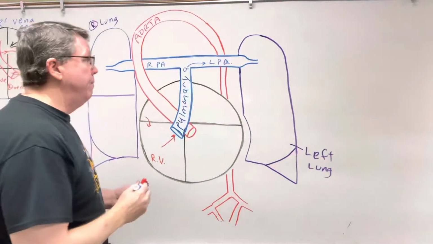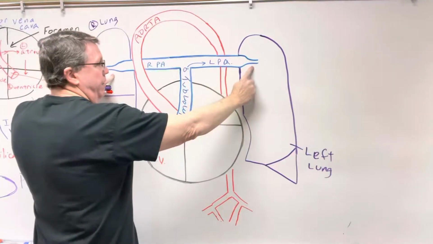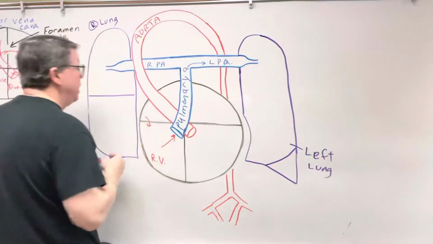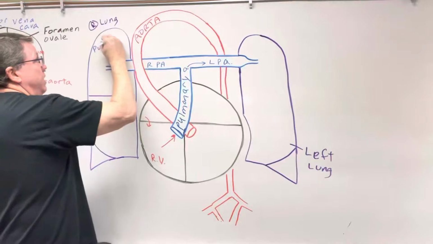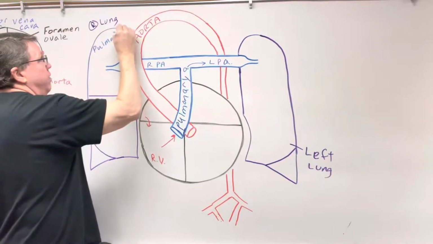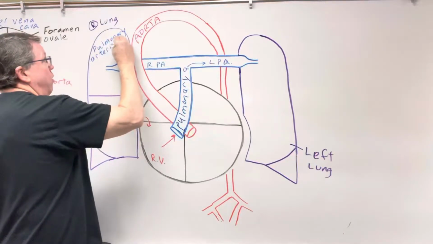Here's the problem though. If you notice, we have this closed down right here. This gets smaller. I'm going to call this the pulmonary arteriole, and you have more than one arteriole, just so you know. But I have only drawn one.